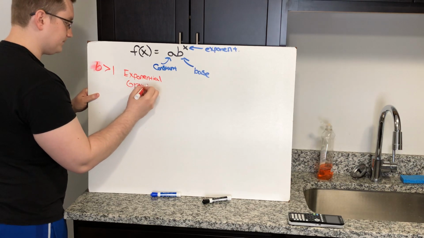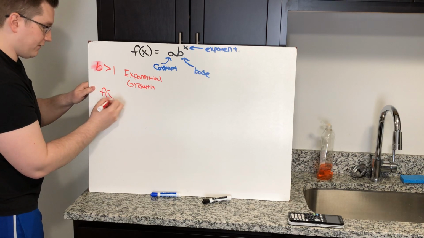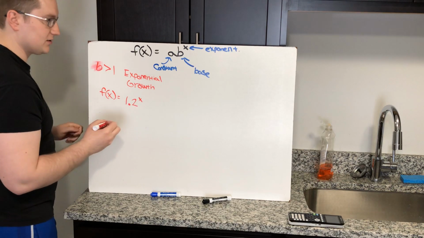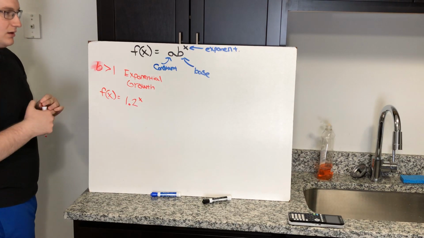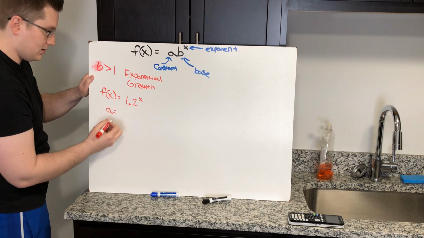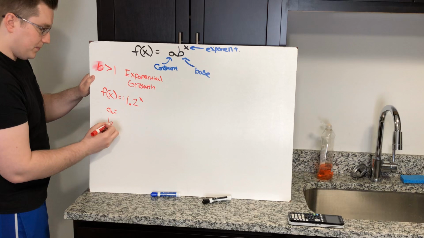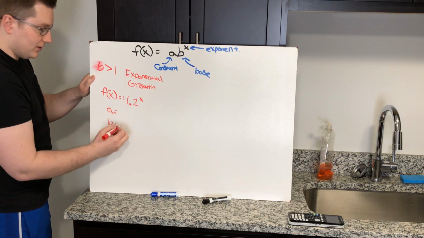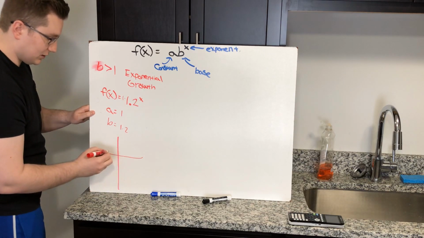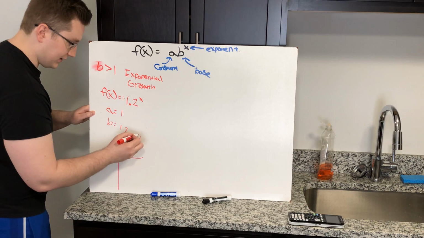For an example, if I have f of x equals 1.2 to the x, I'm going to say that a is equal to 1, because really this is just 1 times 1.2. The b is whatever is being raised by the exponent. So b is 1.2, a is 1. On a graph, what's it going to look like? It's going to start being little, but eventually just shoot up.